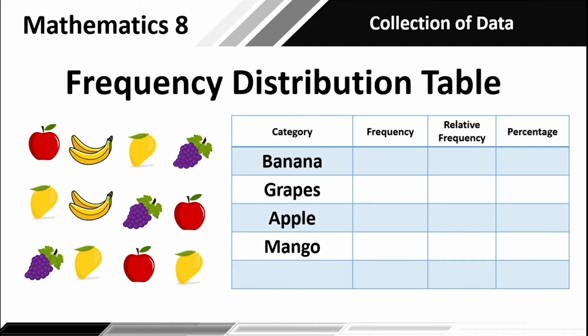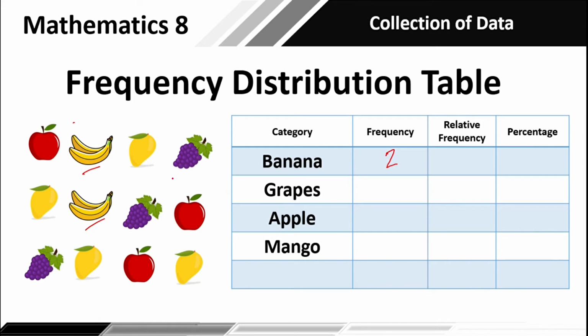In the column of frequency, we will just count the occurrences of the category in the ungrouped data. For example, how many times does banana occur in our ungrouped data? To fill up this column, we will just count. For banana, it has 2 frequency.